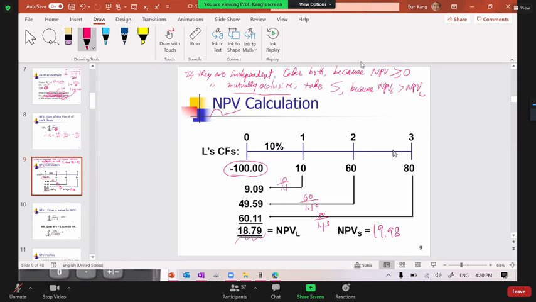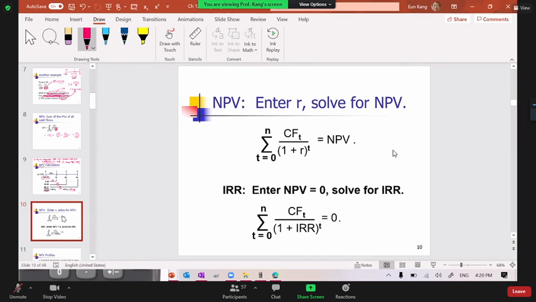We took lots of time on this in 304, but this is 404, so I assume that you know this already. So next one is what? For net present value, you enter the interest rate and solve for net present value. Then IRR is when net present value is 0.